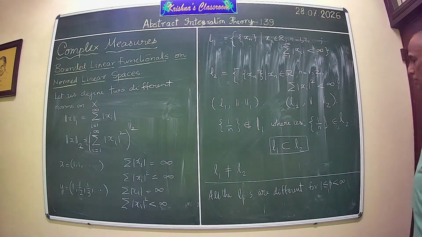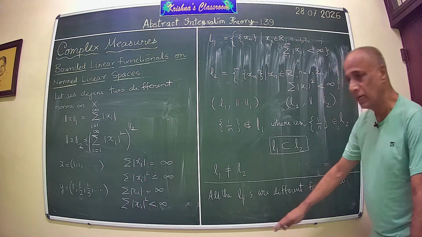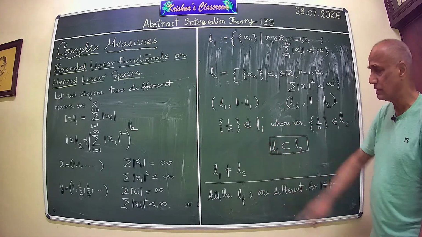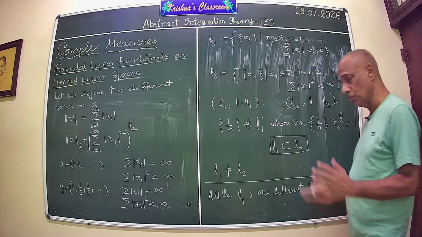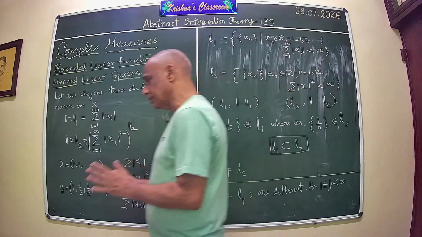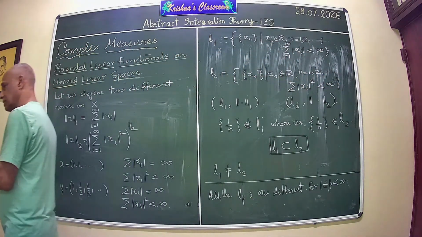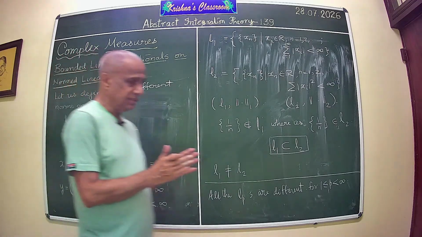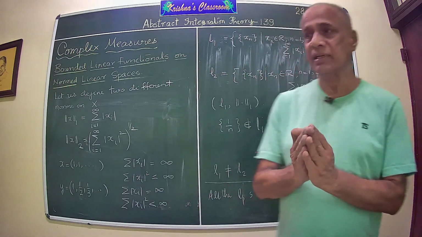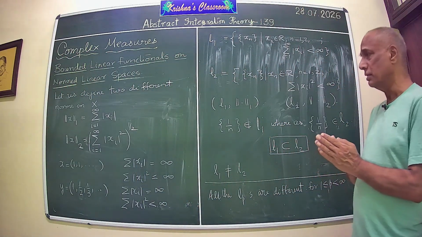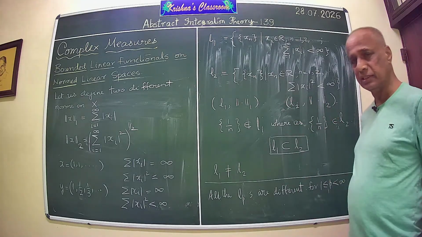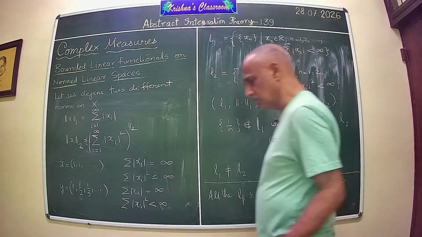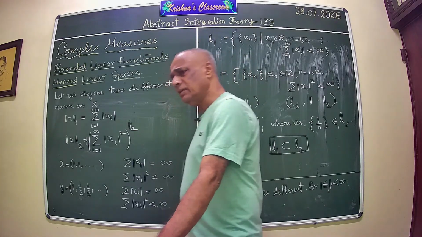So what we are going to do in this series of lectures is to look at the same problem that we have seen with the finite dimensional spaces, namely look at all linear functionals over infinite dimensional spaces. That includes the finite dimensional case also. Okay.